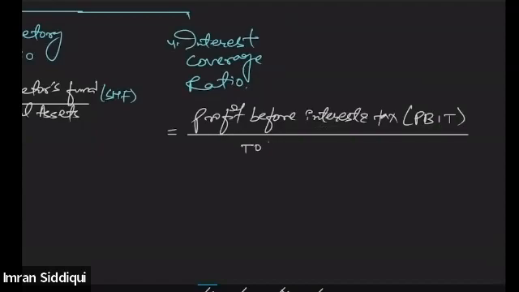Dividing it by total assets, we'll get the value of the interest coverage ratio. I hope this is clear, everybody. Understood? This is the formula for finding out the interest coverage.